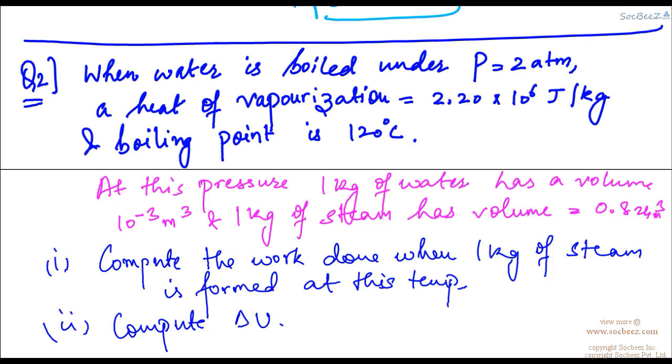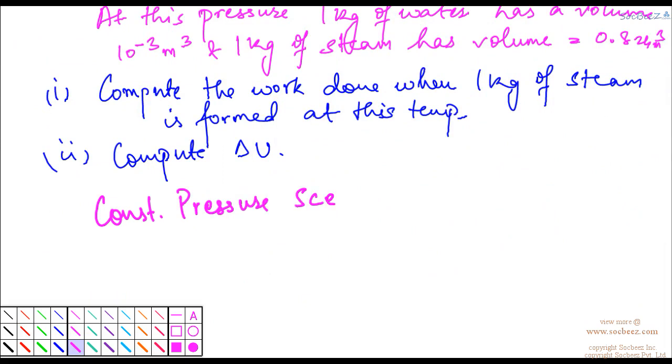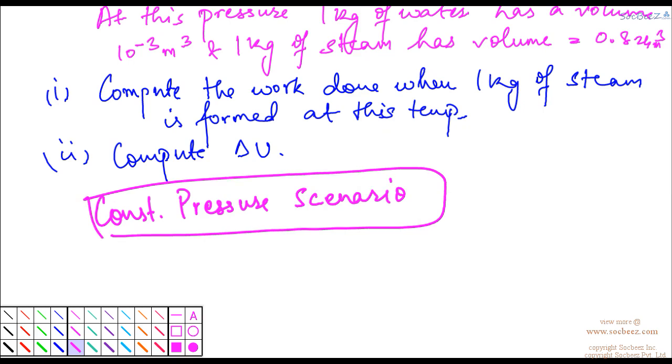One thing you should understand is that first of all it is a constant pressure scenario. So the work done by 1 kg of steam is the work done by the gas, which is given by P dV equal to dW.